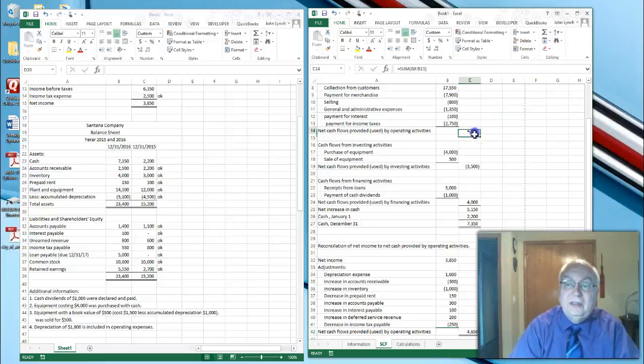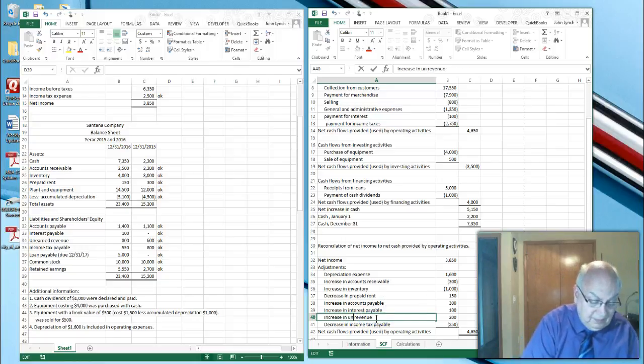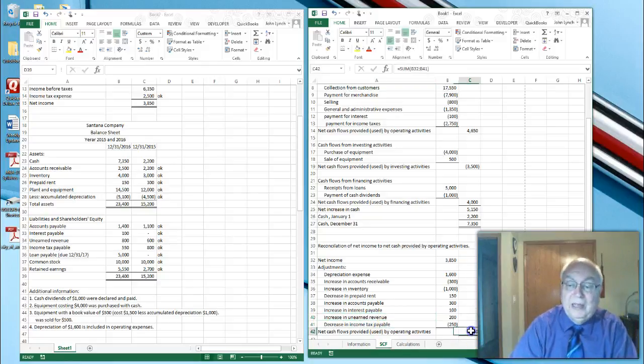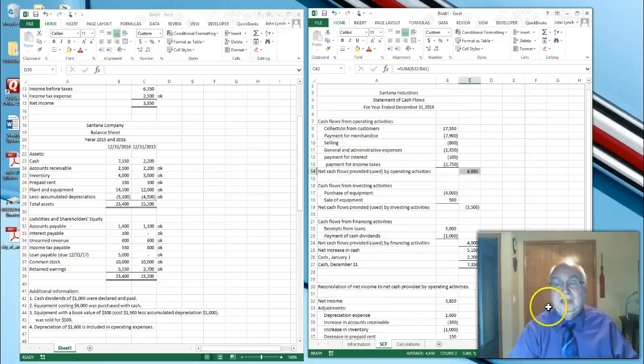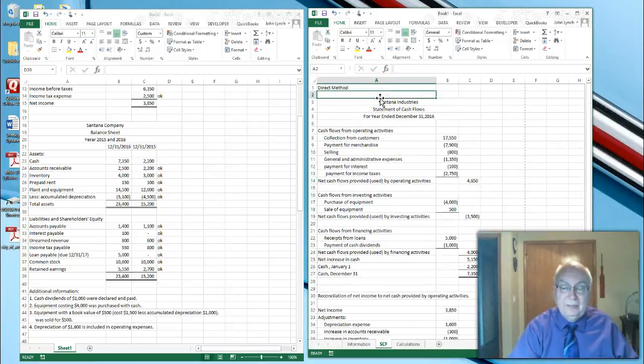So you notice this number and this number are the same, and I'm going to rename that to unearned revenue, because that's what deferred revenue is. But when we're done, this number and this one need to be the same, and in this case it is, so everybody's happy. Okay, that's a very brief, very simple statement of cash flows, and hopefully this helps you. So that should do it.